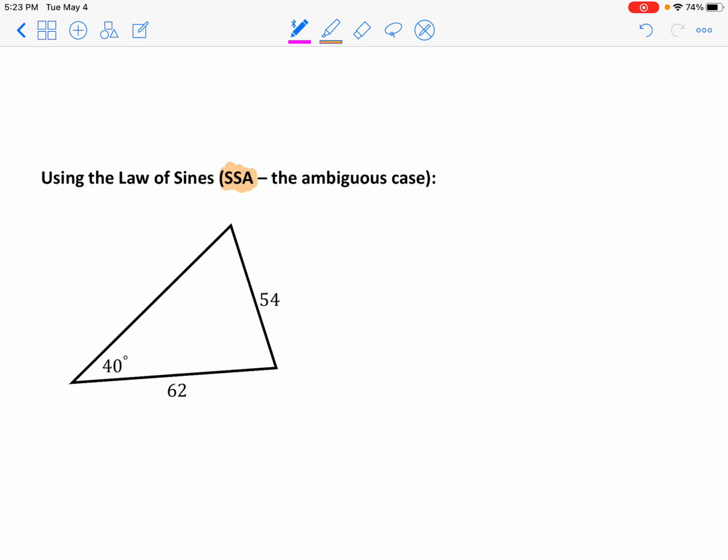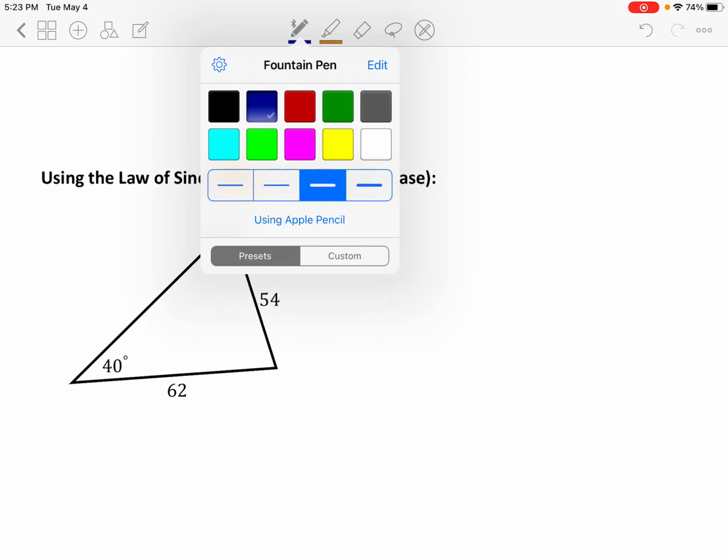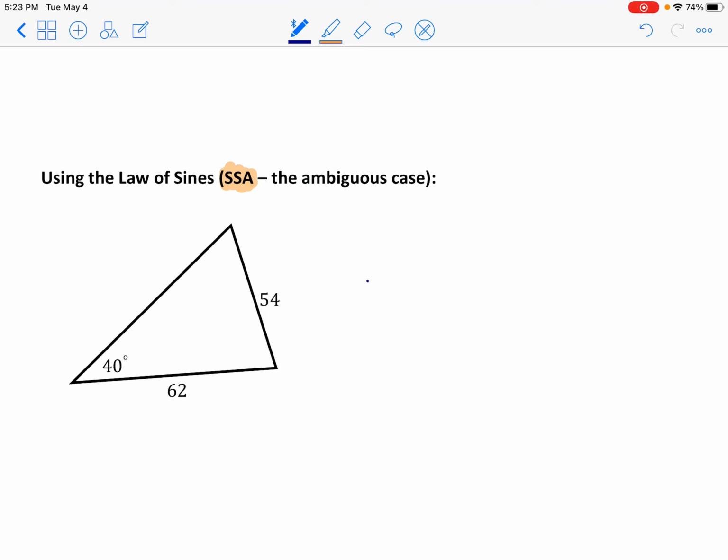Let me try to represent this visually for you. There's going to be some side length here that creates an angle. Let's just say it's a 40-degree angle, and then we'd have an angle and then a side and then a side.